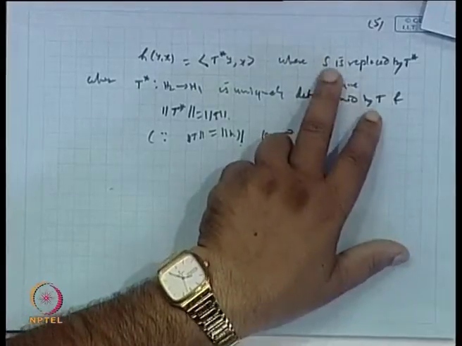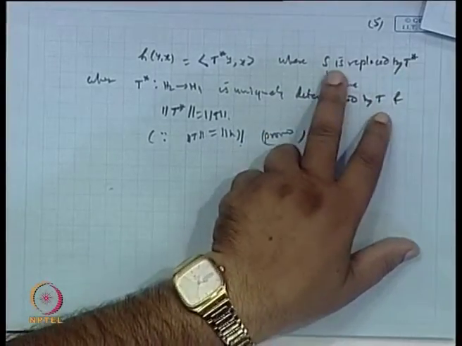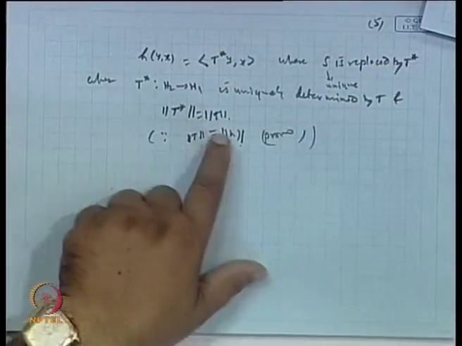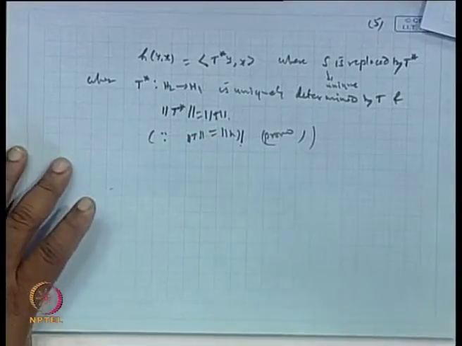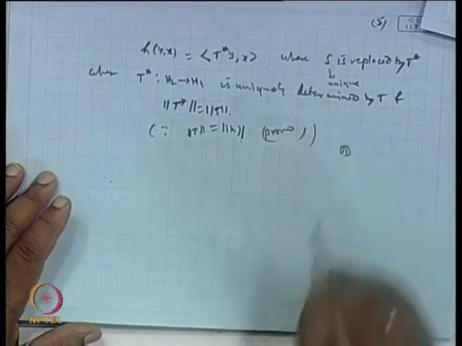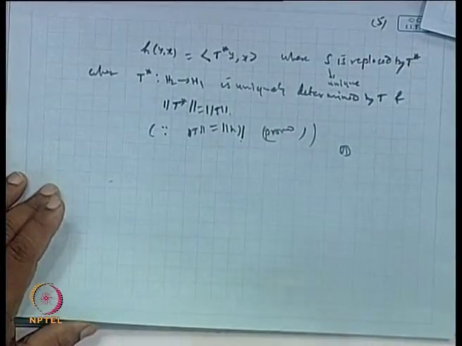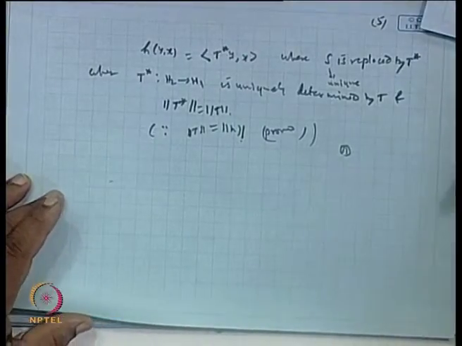Then it is unique because S is unique, so T star will be unique, and it is bounded linear because S is bounded linear, so T star will also be a bounded linear operator, and norm of T star and norm of T will be the same. So, everything is true, and this result completes the proof. Okay. Is it clear? So, we are using the sesquilinear form representation here to identify them. Clear?